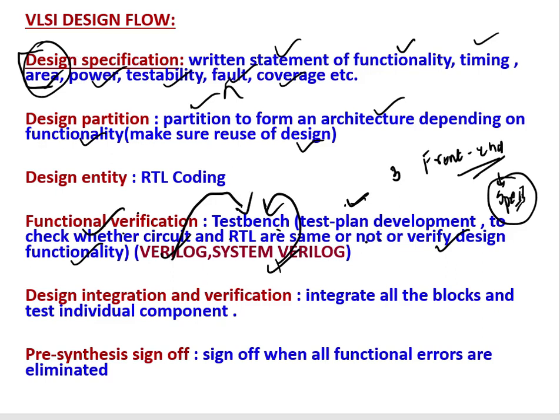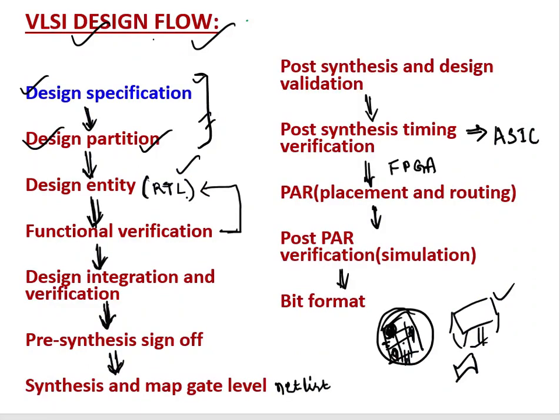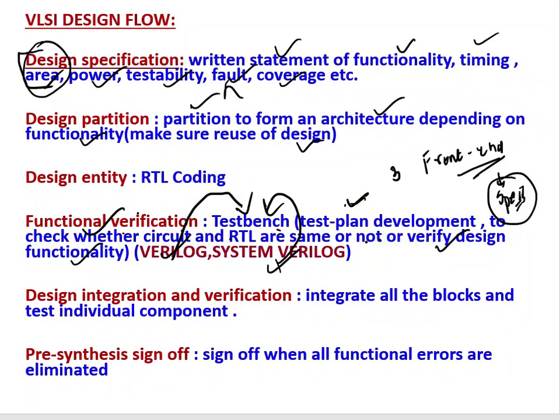Next point is design integration and verification. And what is design integration and verification? This one is we integrate all the blocks. Let's say you want to design an adder, let's say we want to design a full adder with the help of two half adders.